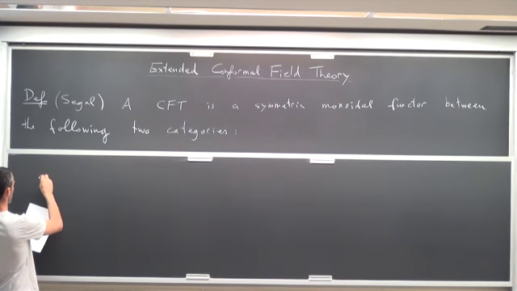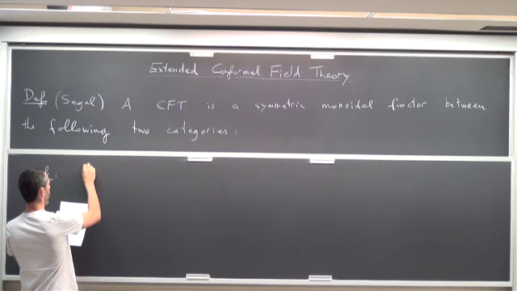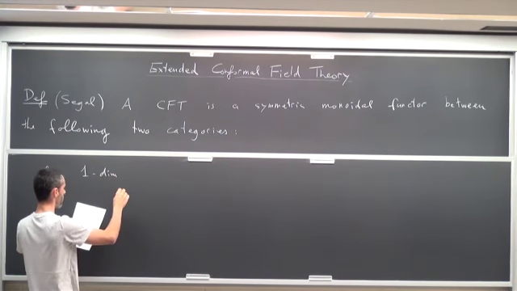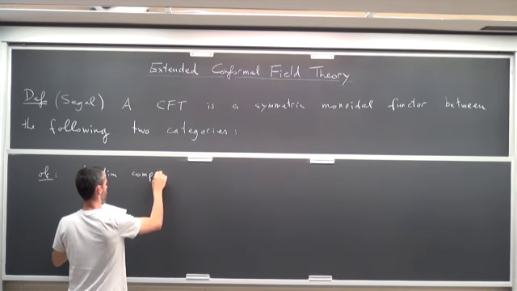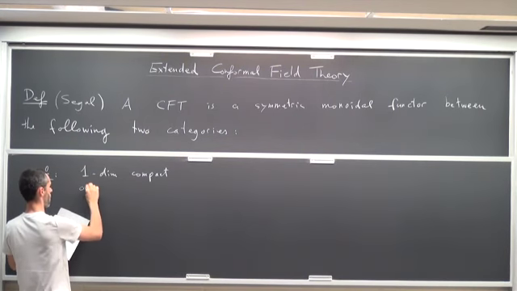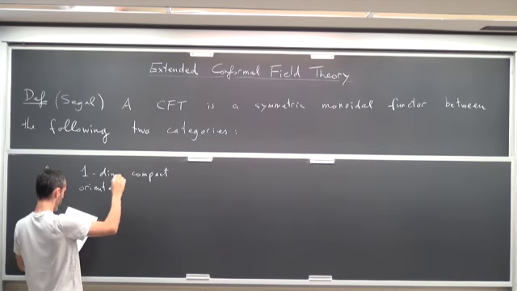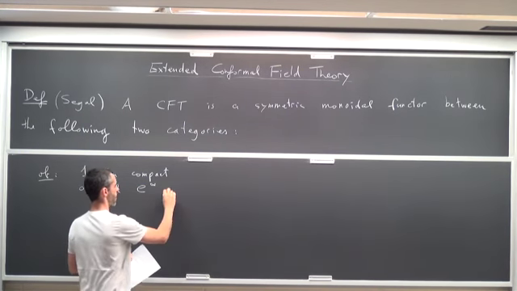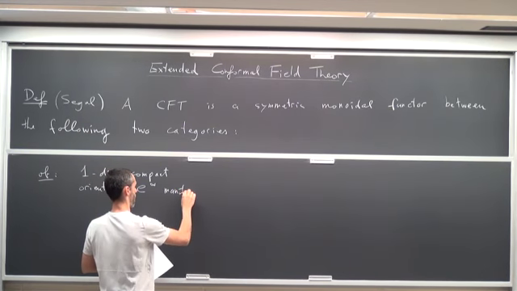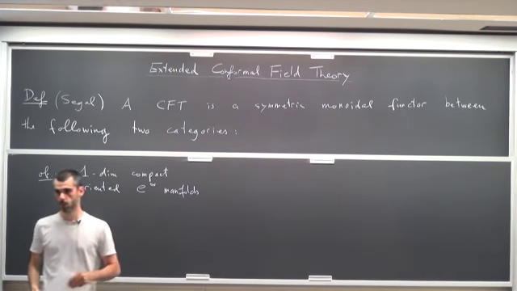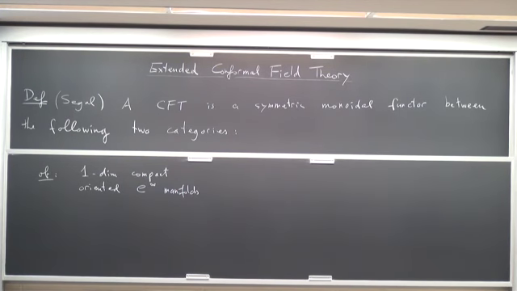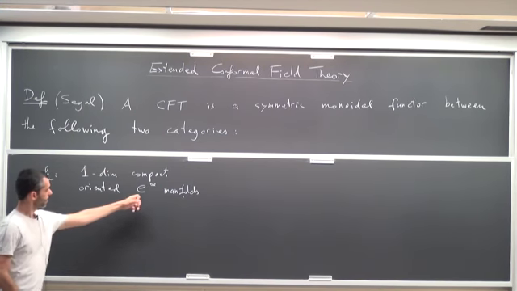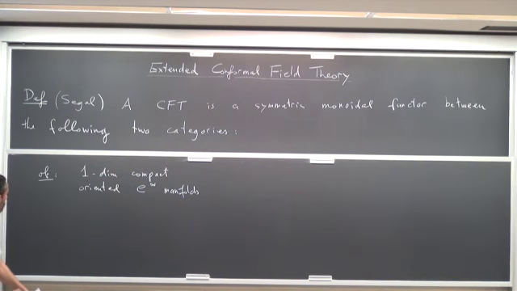The first one has as objects one-dimensional, compact, oriented, C infinity manifolds. So what are these things? These are just circles and disjoint unions of circles. And they're equipped with a smooth structure.